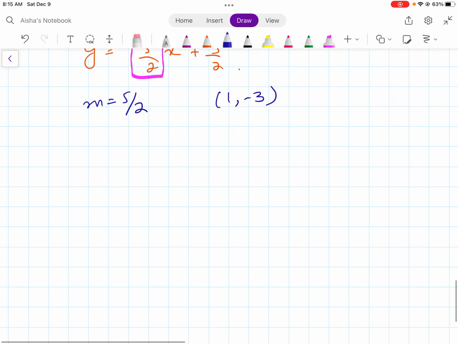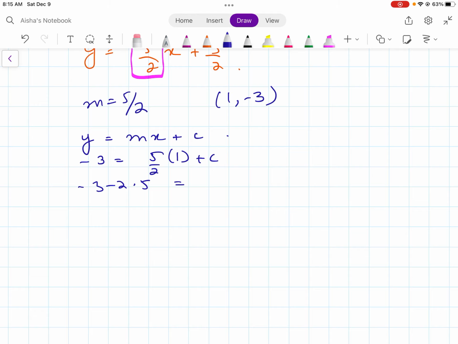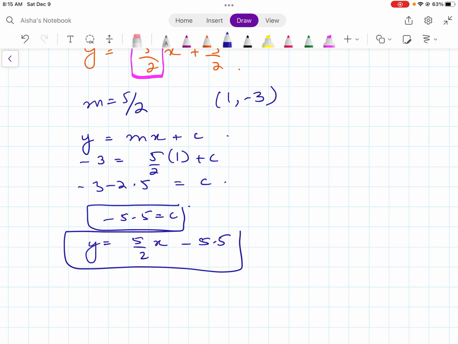My point is 1 comma minus 3. y equals mx plus c. That's going to be my final answer.